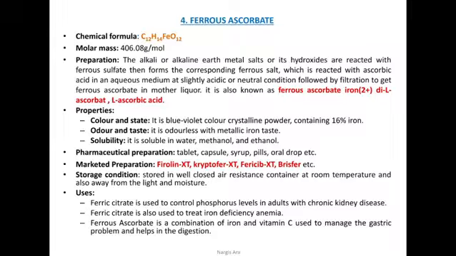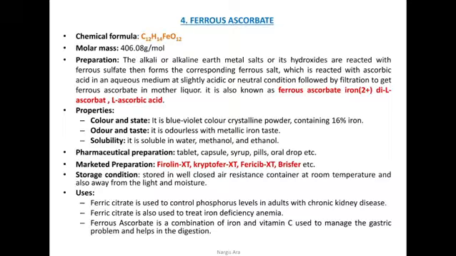And the pharmaceutical preparation form is, it is also prepared in tablet form, capsule form, syrup form, pills, oral drop, etc. The marketed preparations of ferrous ascorbate were Ferrorin XT, Cryptopher XT, Ferricib XT, Brisfer, etc. Storage condition.